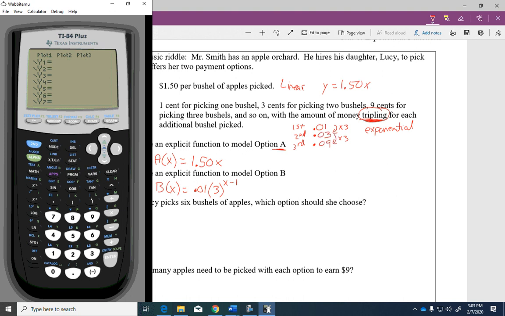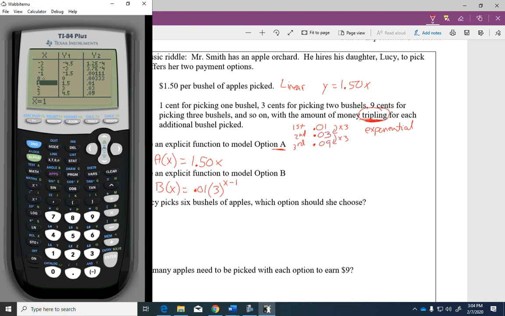I'm going to put them both in here. So for my y1, I'll use option A, and for y2, I'll use option B. I'll look at my table to make sure I wrote everything right.